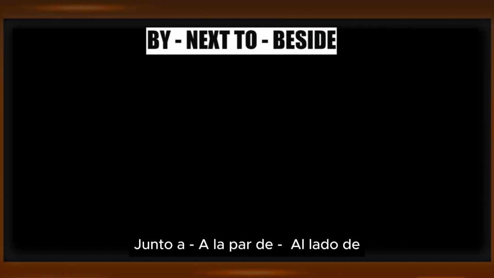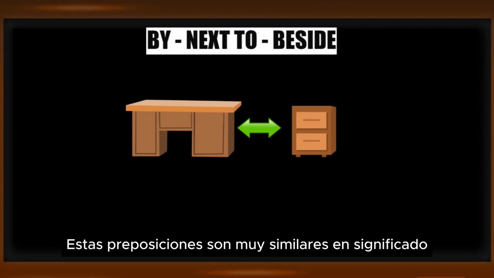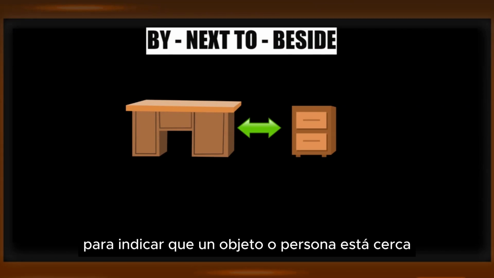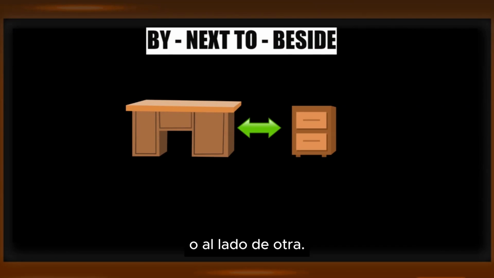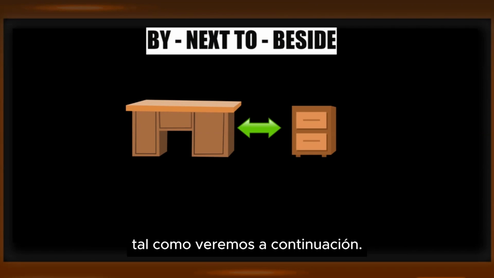By, next to, and beside. These prepositions are very similar in meaning, and they are often used interchangeably to indicate that one object or person is near or alongside another. However, there are subtle differences in usage and connotation as we will see below.